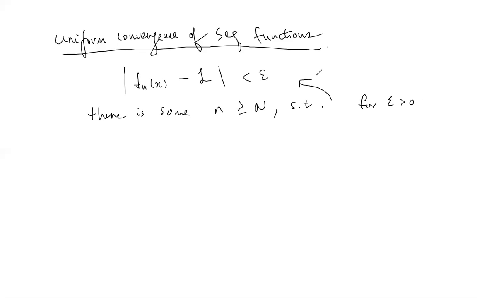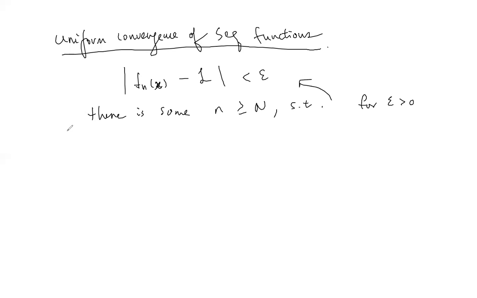And of course, it cannot depend on x. When you try to do this, you have to bound it with some function that does not depend on x. It has to hold for all x. Then you can say that you have uniform convergence.